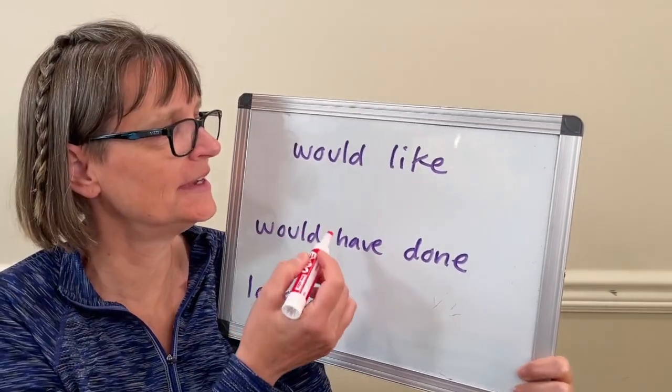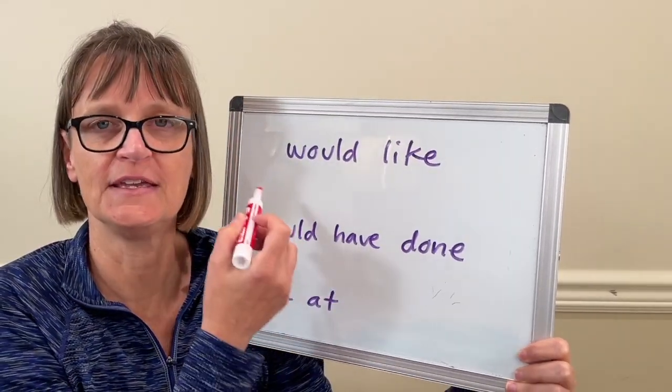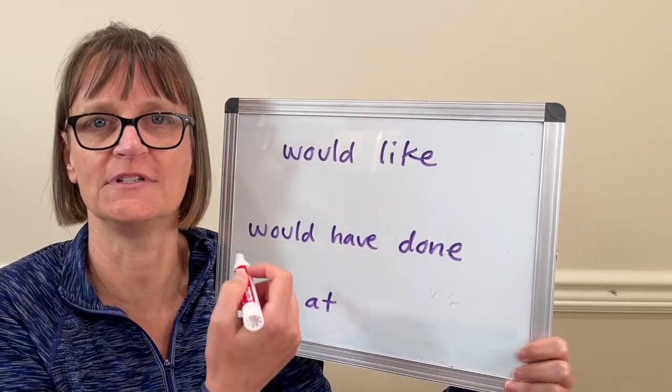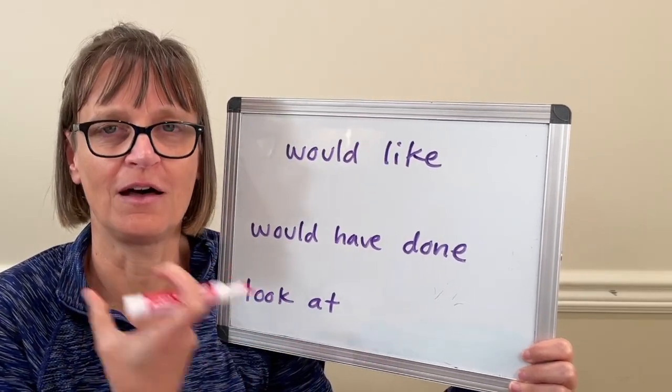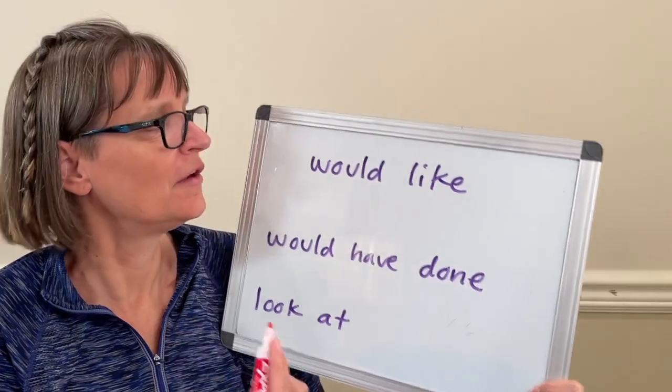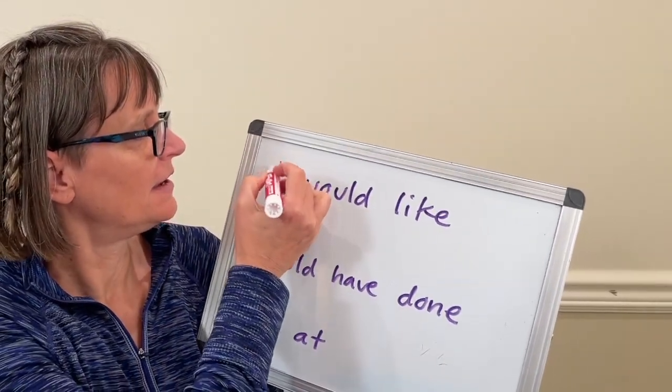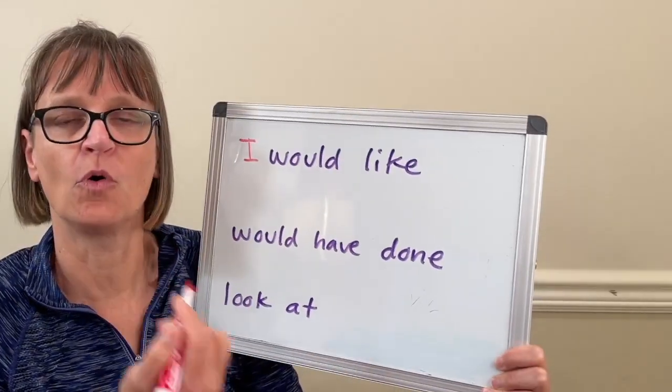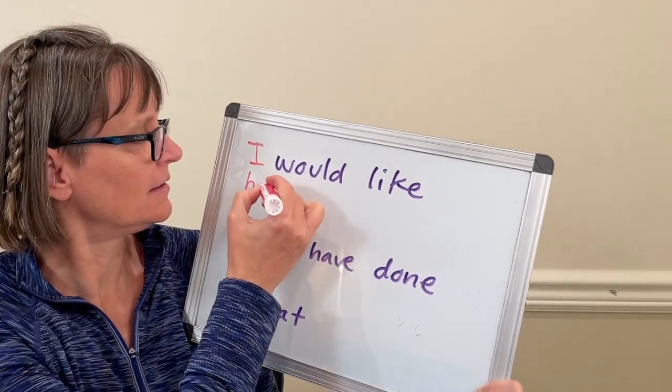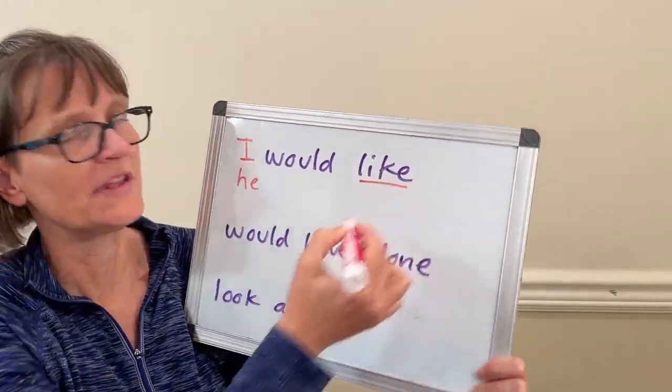So even though in written English you might see he would like, I would like, we don't say those phrases word by word. First of all, if I'm saying I would like or he would like, the word that's stressed there is like.